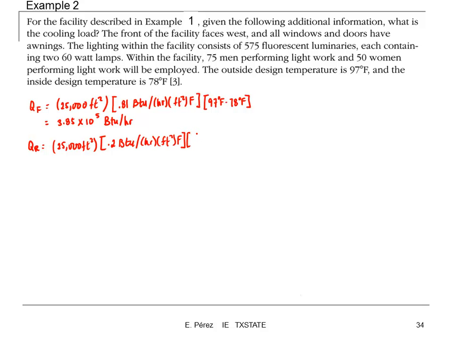And again, the temperature difference is 97 Fahrenheit minus 78. And that equals 0.95 times 10 to the 5 BTU per hour.